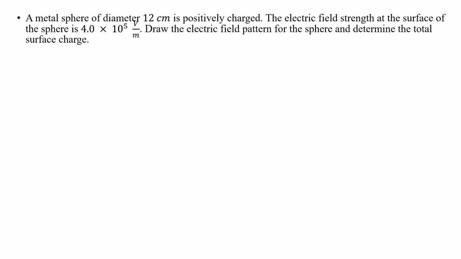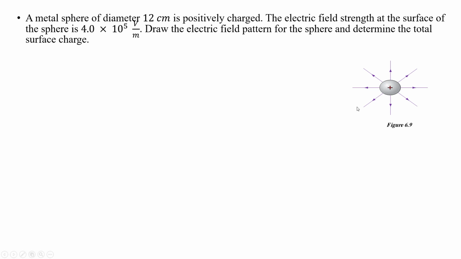There is an example. A metal sphere of diameter 12 cm is positively charged. The electric field strength at the surface of the sphere is 4.0 × 10⁵ volt per meter. Draw the electric field pattern for the sphere and determine the total surface charge. So this is the charge, and the electric field strength is given.